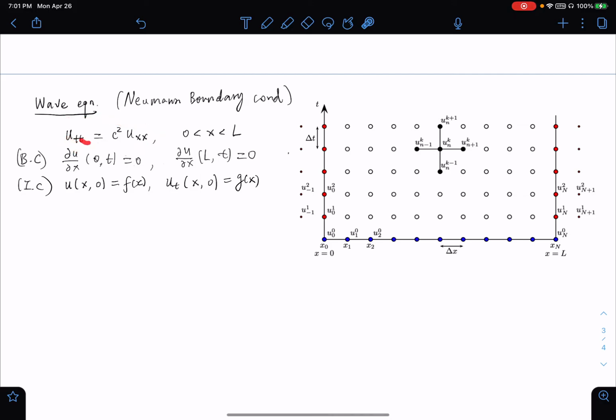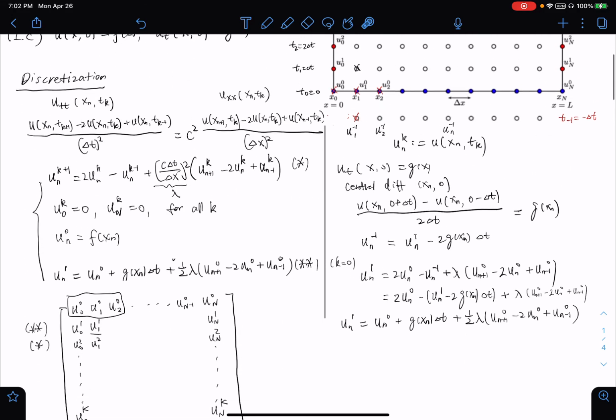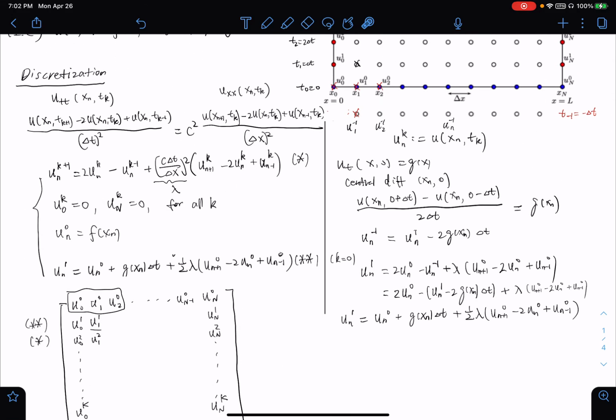We can again apply the central finite difference formula to u_tt and also to u_xx, with respect to t and x respectively, right? So we can just copy the discretization.